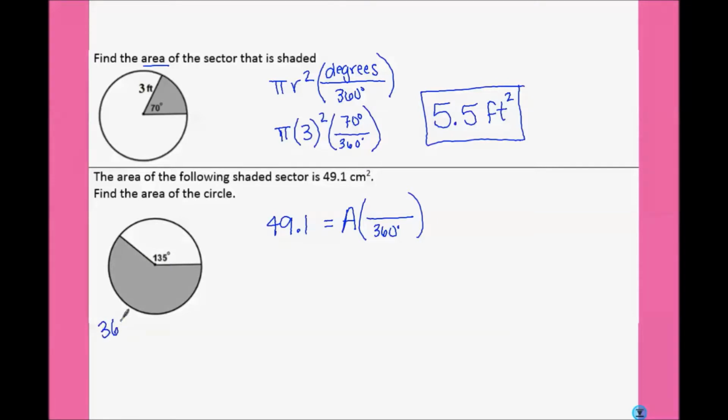Remember, the whole circle is 360 degrees minus the 135 that we were given for the non-shaded area. And that leaves us with 225 degrees. So that's the degree we're going to use here. To get A by itself, you can either divide by 225 over 360 on both sides, or you could multiply by the reciprocal.